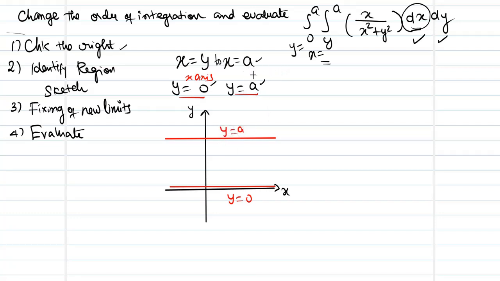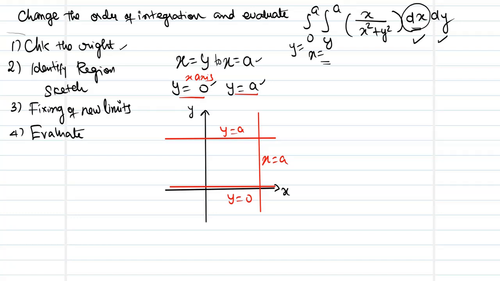The third one, x equal to a: however much distance we have moved over here, the same distance we move over here to fix the line. So this is your line x equal to 0, the y-axis, and this the line x equal to a. So we have plotted the 3 lines y equal to 0, y equal to a, x equal to a.